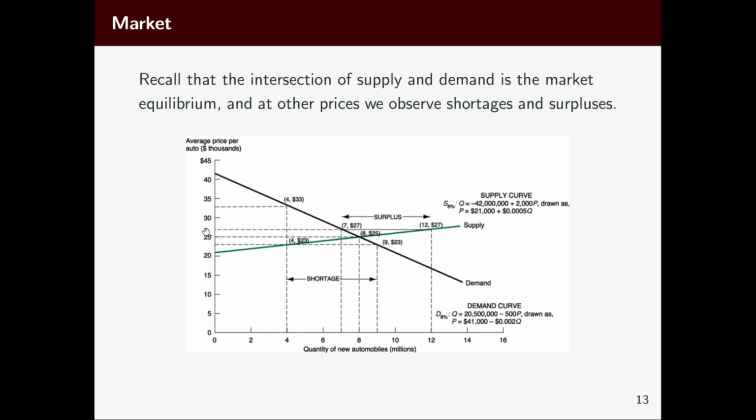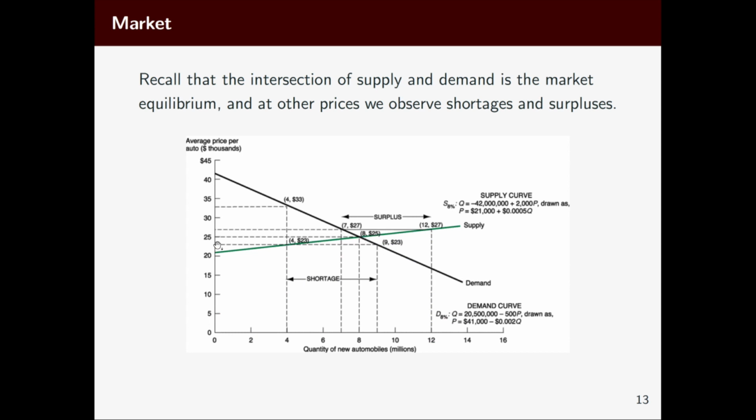Because at $27,000, there are 12 million cars supplied, where suppliers are willing to sell, but people are only willing and able to buy 7 million cars, which means there's a surplus here, right? So a surplus of 5 million cars, where sellers would love to sell their cars at this new higher price, but not as many people are now willing and able to buy cars at this new higher price.